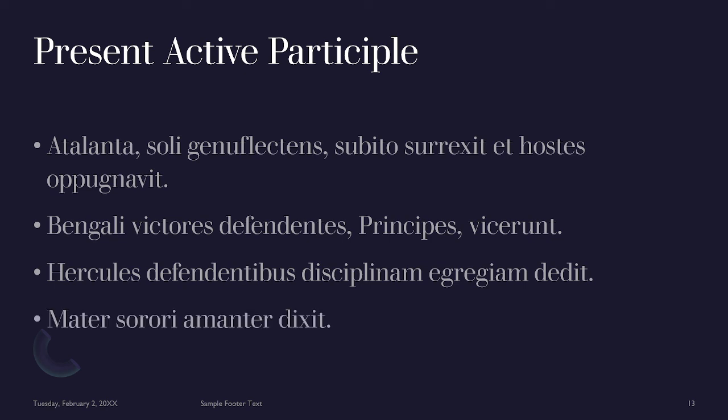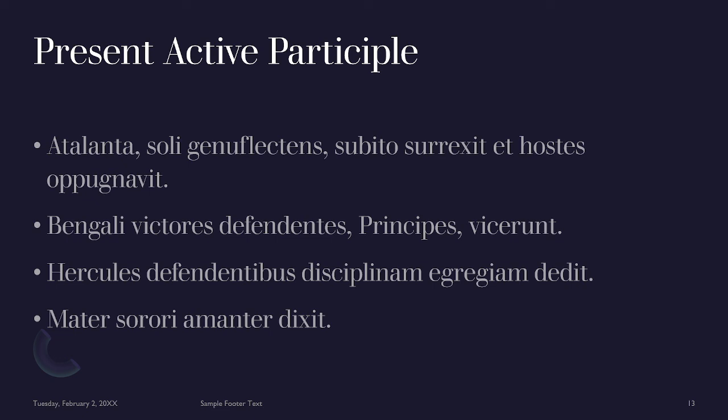And then one last example, because we hadn't really seen an example of this, but I wanted to show you what it might look like. Mater sorori amanter dixit. So our participle amant, you see the -nt in there, but amanter has that -er ending on it. So this time it is not being used as an adjective, it's being used as an adverb. So mater, mom, dixit, spoke to whom?